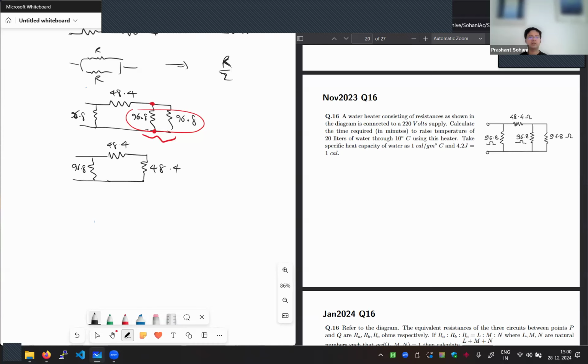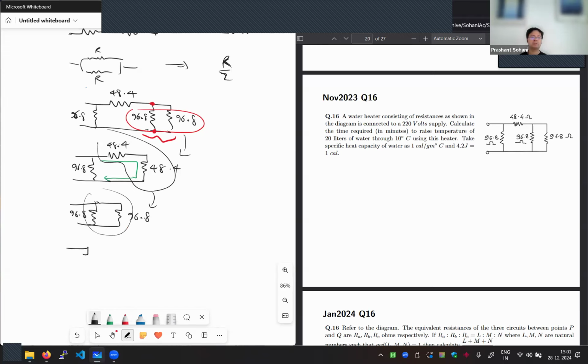Okay. So we'll continue in this way. So here we combine them in parallel to get this. Now the next thing we observe is that these two are in series now. So if they are in series, it means I can add them together. So if I add them together, I'm going to get a new resistance of 96.8 from these two. And then finally, one last time, we are seeing that these two are again in parallel.